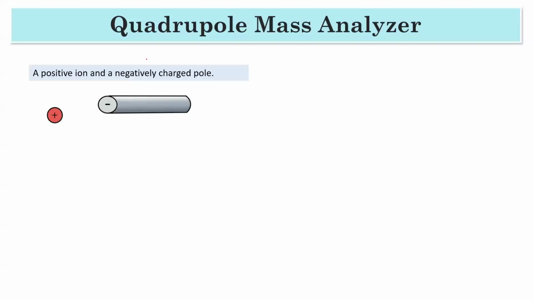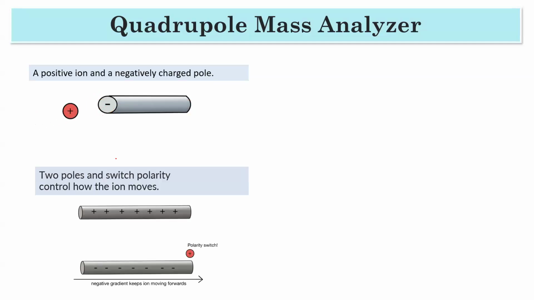What I mean from the previous slide is, suppose you have a positive ion and some negatively charged pole. The positive ion will be attracted to the negative pole. Now suppose you have two poles, and using the RF voltage, which is alternating current, we can change their mode.